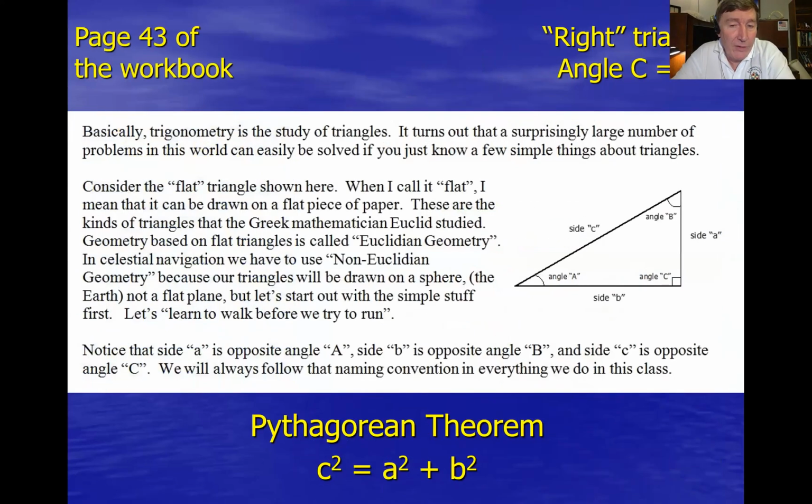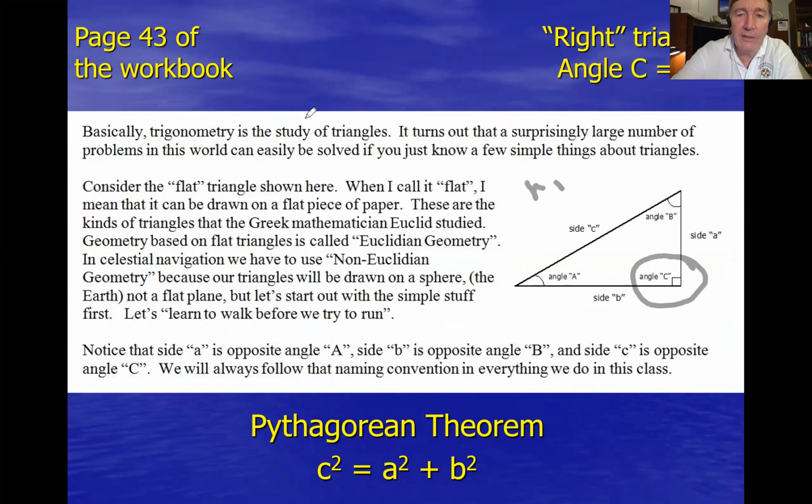Even if you didn't take trigonometry, you hopefully learned something called the Pythagorean theorem. That is, if you have a special kind of triangle where one of the angles is exactly 90 degrees, we call that a right triangle.